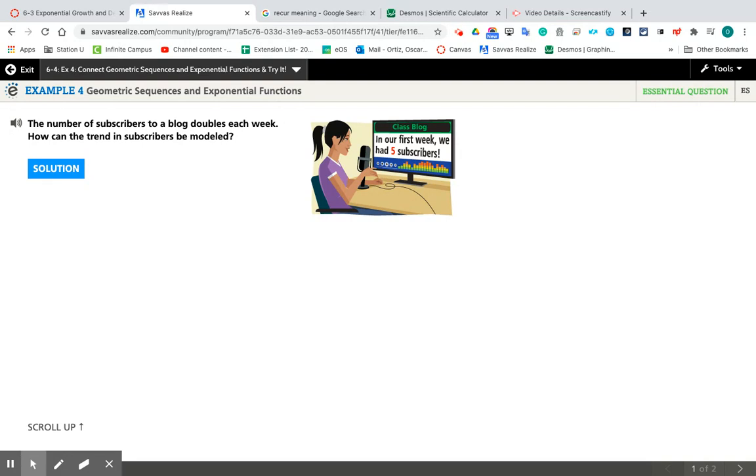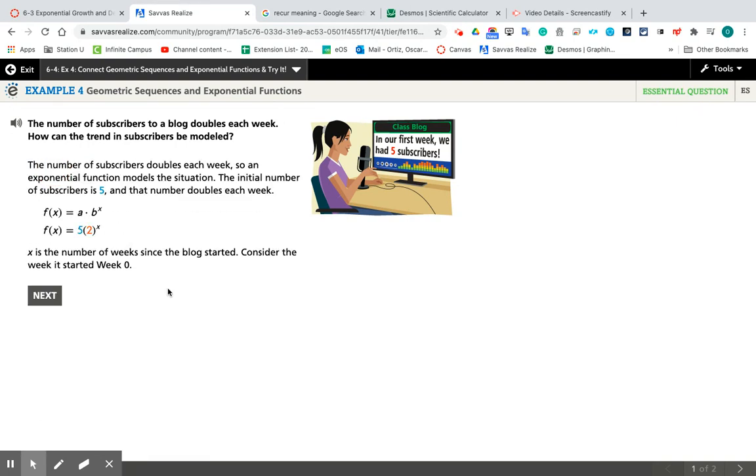We're going to use both the exponential functions per se and also the geometric sequences. Okay, so I want you guys relating those two. Geometric sequence means exponential function or exponential relationship. If we were thinking exponential functions, we know the initial number is 5 and we are multiplying each time by 2.